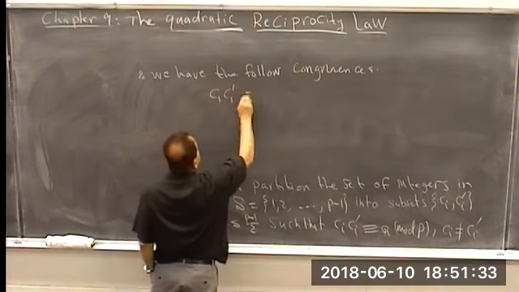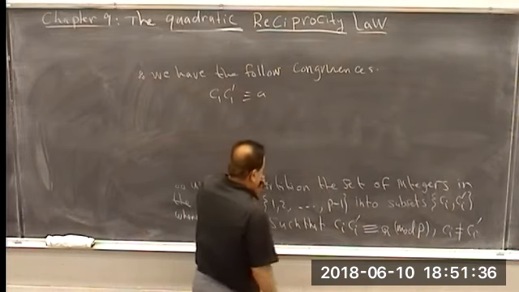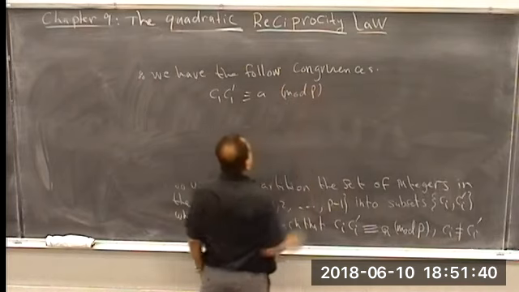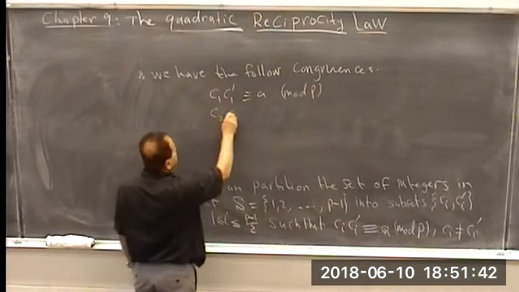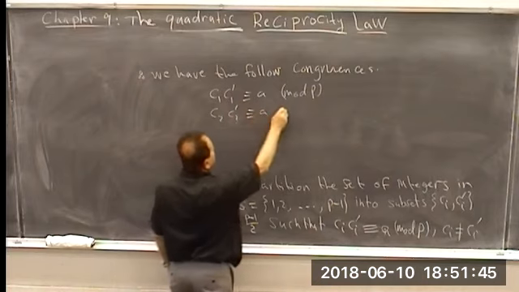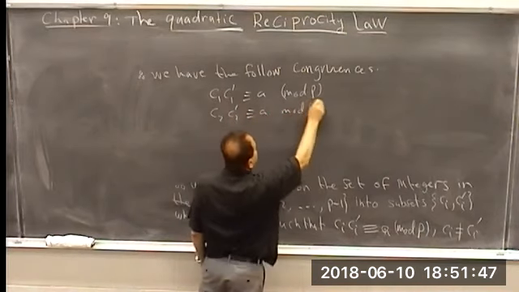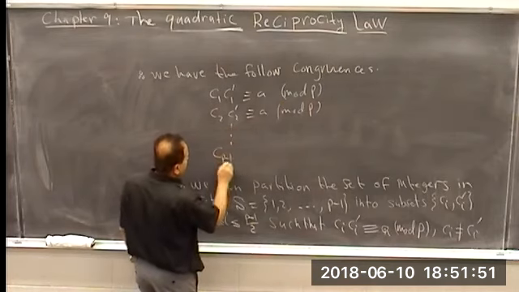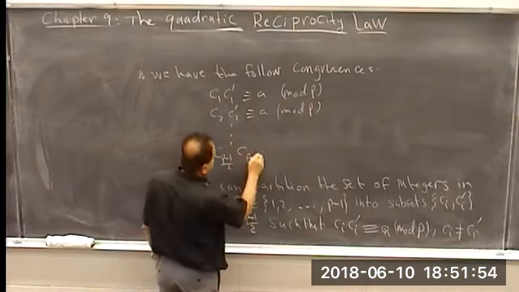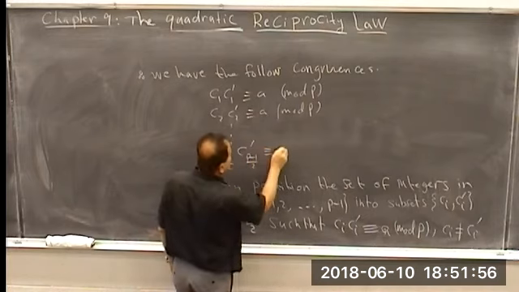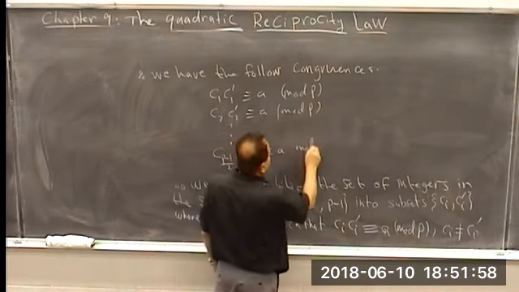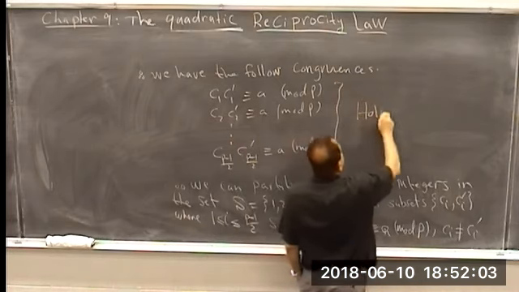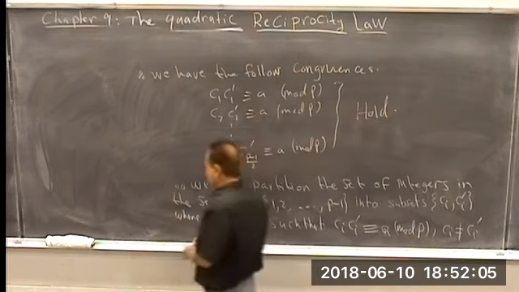C1 C1 prime is congruent to A mod P, and C2 C2 prime congruent to A mod P, and so on, up to the last, C_(P minus 1 over 2) C_(P minus 1 over 2) prime, is congruent to A mod P. So all of these hold, they are true congruences.